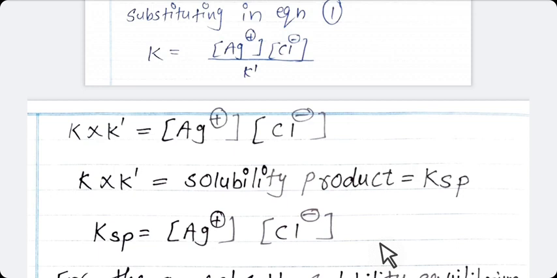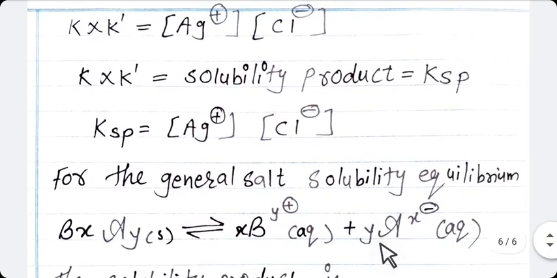Now for a general salt. For the general salt B X A Y solid, we get X B Y plus aqueous plus Y A X minus aqueous.